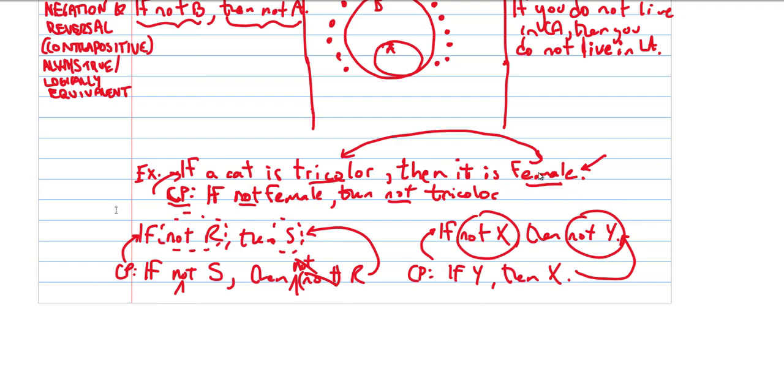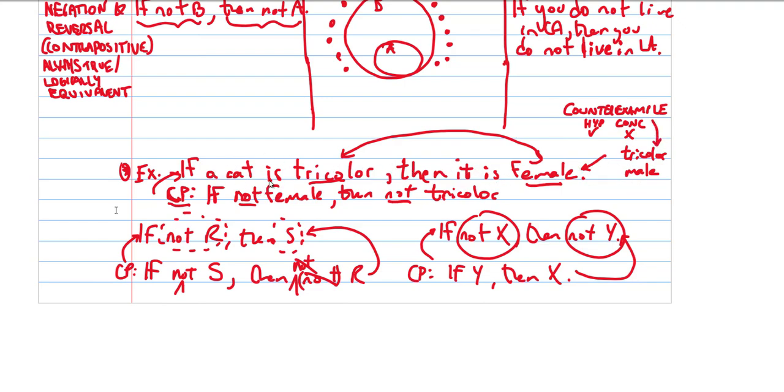Finally, last thing, I just want to re-emphasize that whole idea of a counterexample. Remember that a counterexample is any person or item or individual that will satisfy the hypothesis but contradict the conclusion. So in the case of our cat example, if I were able to show you a tricolor male, a tricolor male would be a counterexample to this statement.